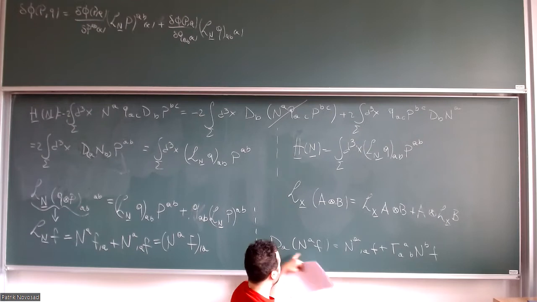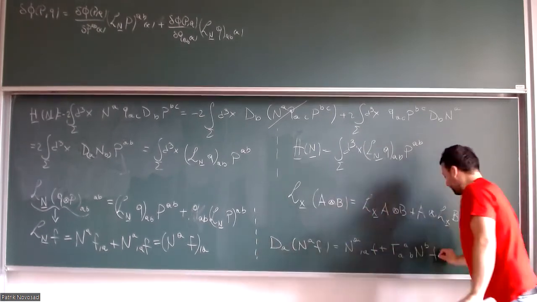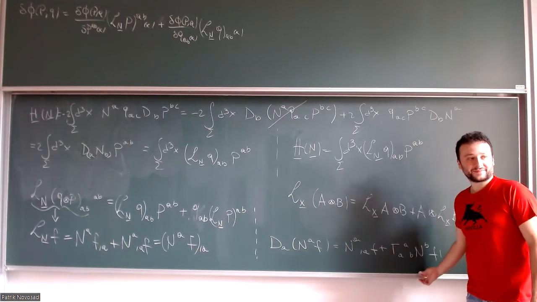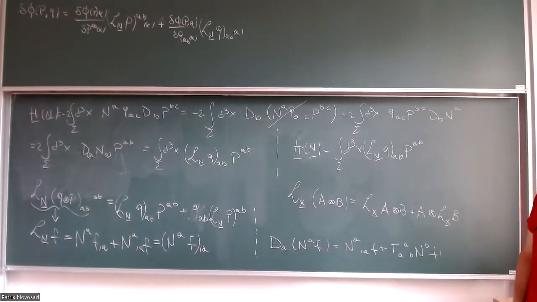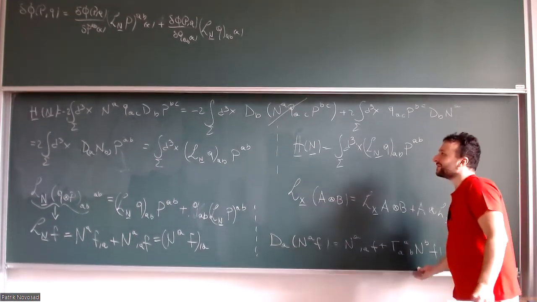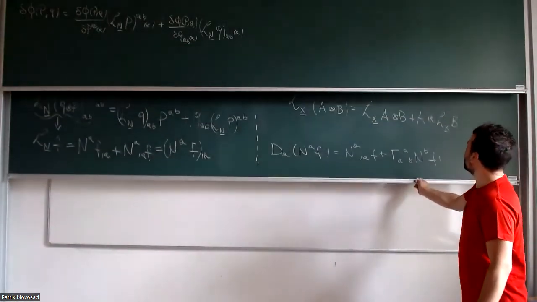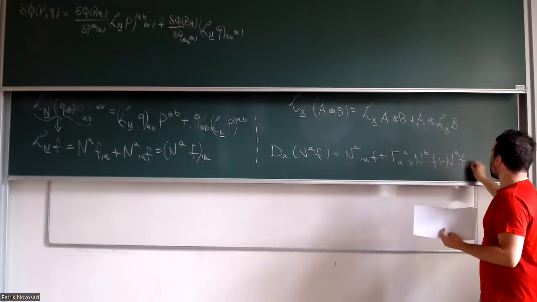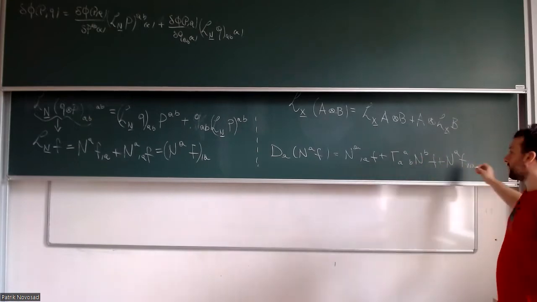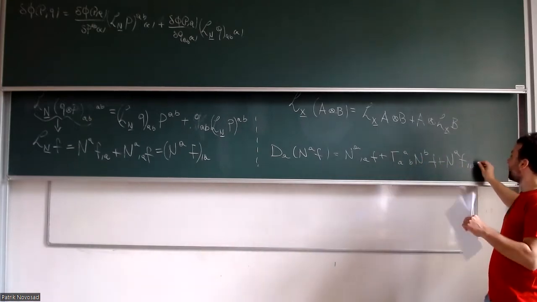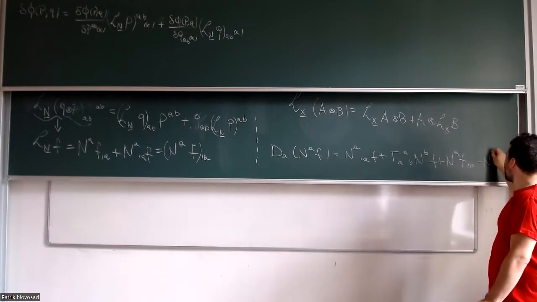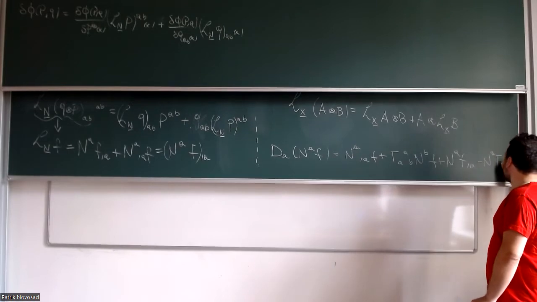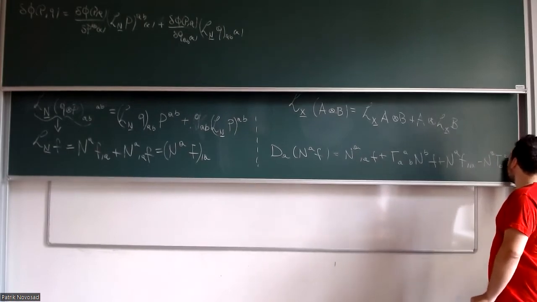And then we have dA on f, which is, here again, comma A, and then since f is of weight 1, it gives minus NA gamma, let's say this is B A f.